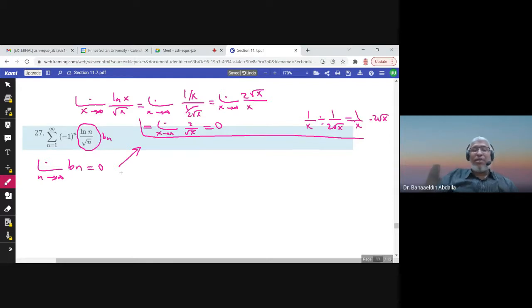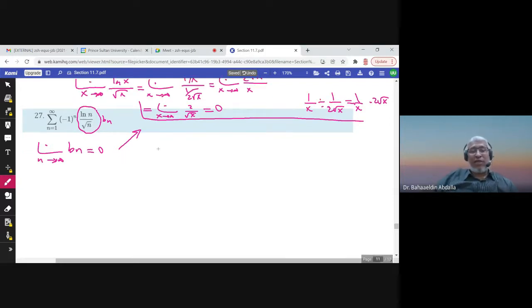For the second part, I need to prove that it's decreasing. So f of x as a function, ln x over square root of x, and f prime of x would be quotient rule. Derivative of ln x is 1 over x.